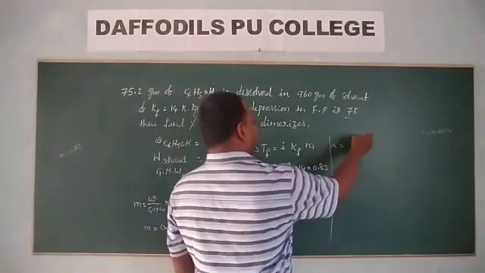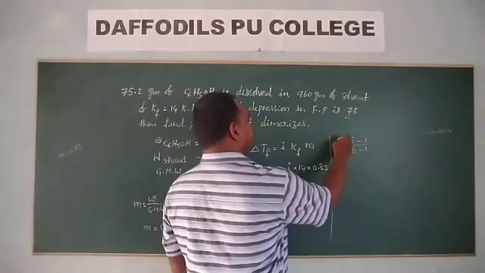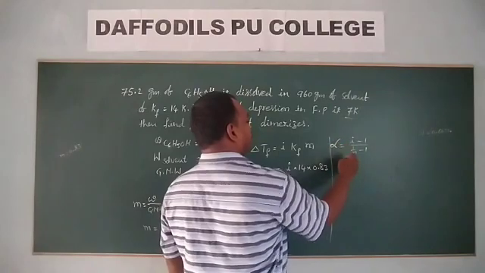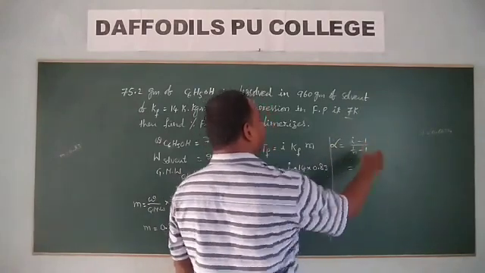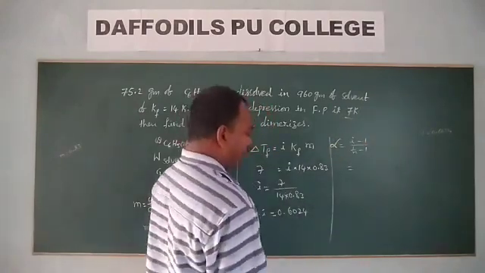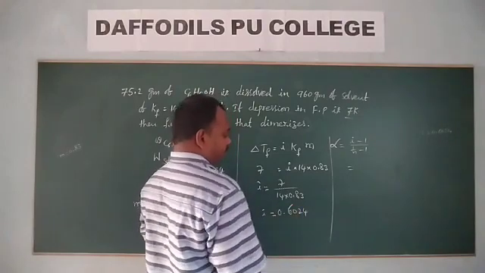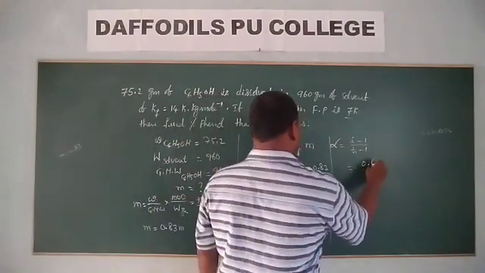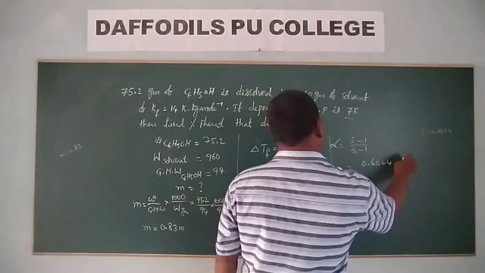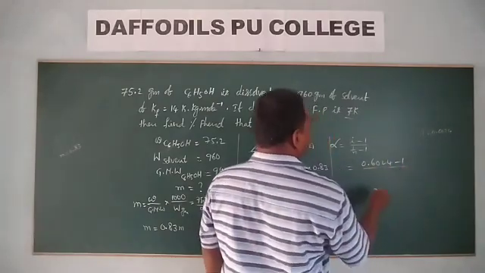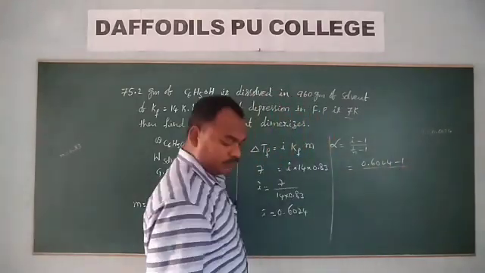So once we find out the i, it becomes easy to find out the alpha. So alpha is equal to i minus 1 by 1 by n minus 1. So i is 0.6024 minus 1, so we will do one thing.